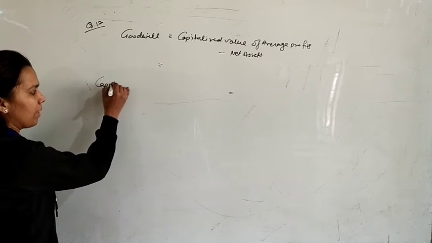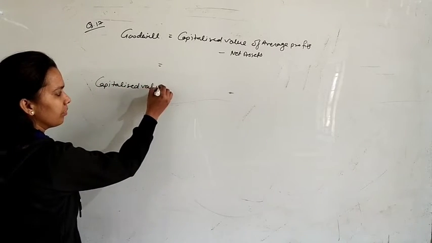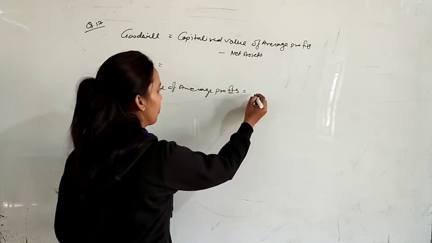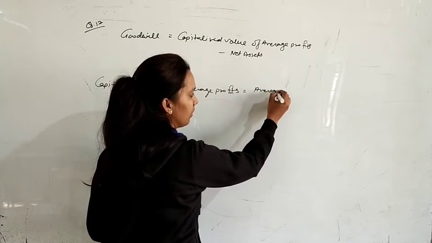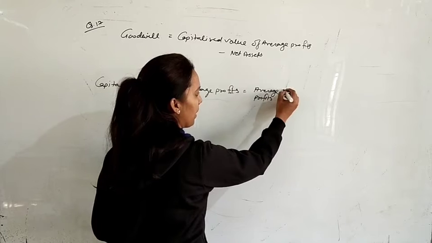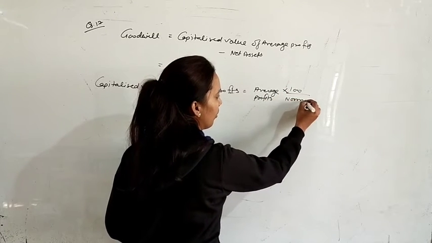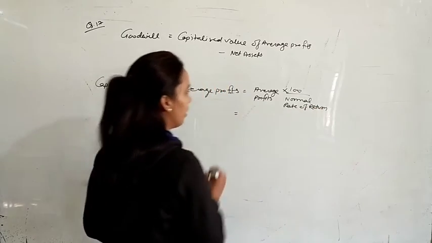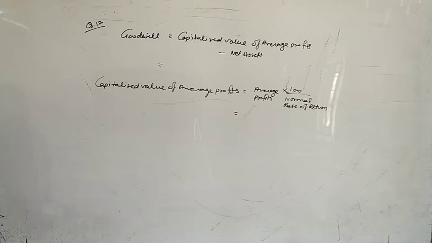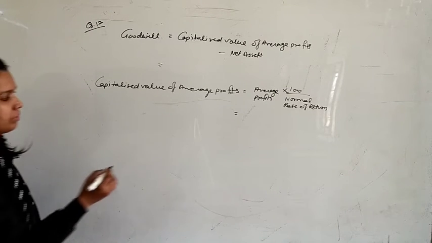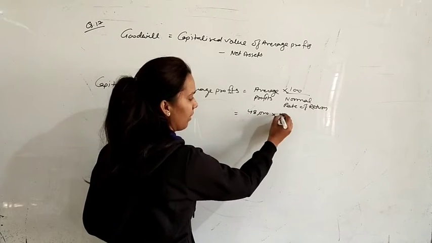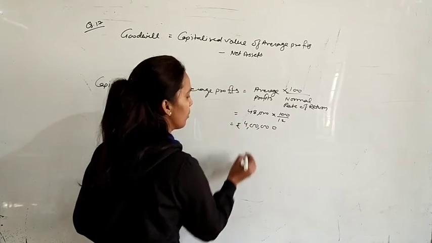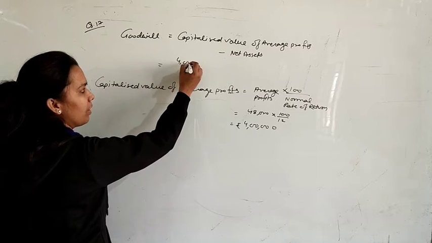So first of all, find the capitalized value, which equals average profit multiplied by 100 upon normal rate of return. Yes, so average profits are rupees 48,000 and the return rate is 12%. So it will be 4 lakh rupees, that is your capitalized value of average profit.